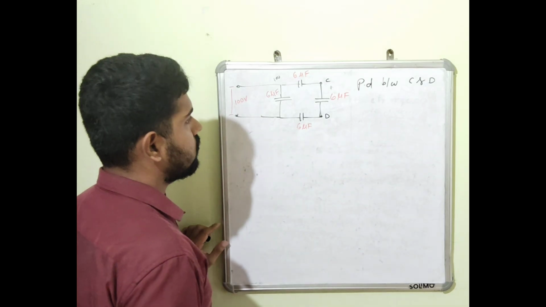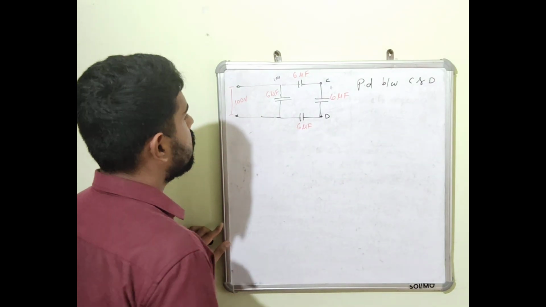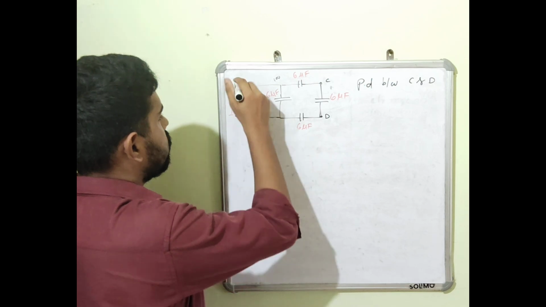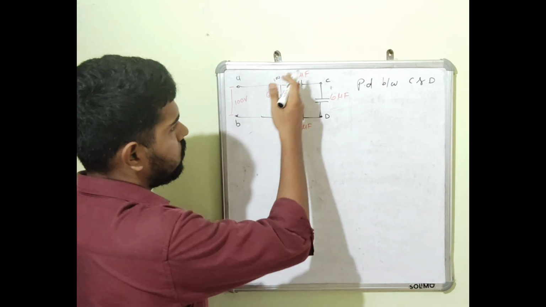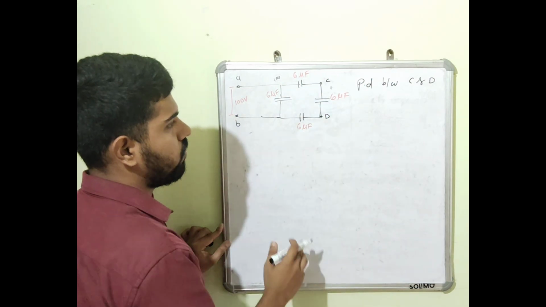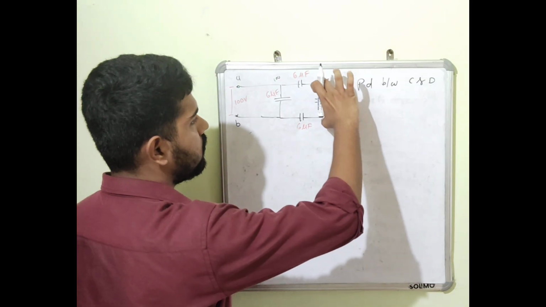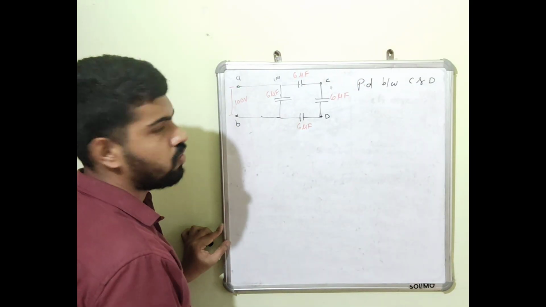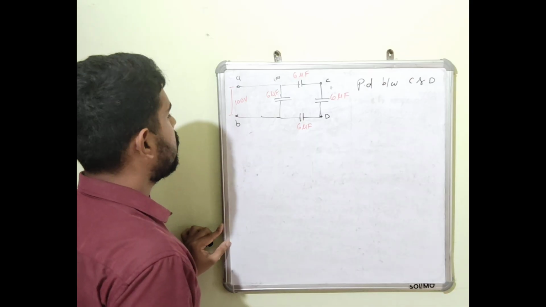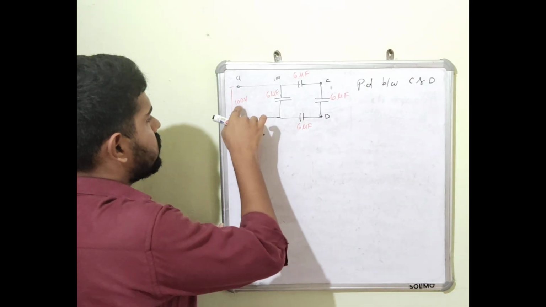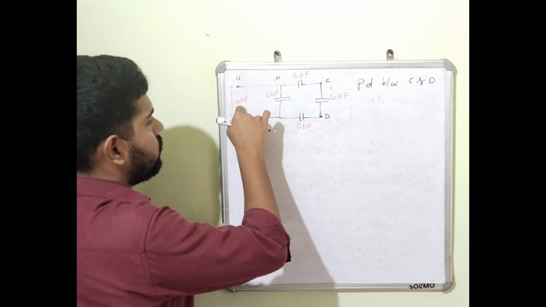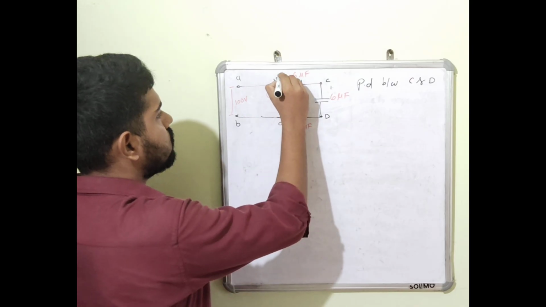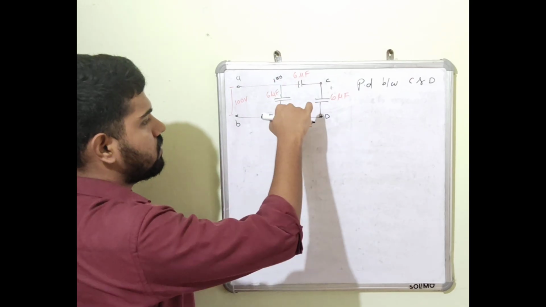So this is our another question on capacitance. Here it is given that 100 volt is across A and B. So 4 capacitors are there, 6 microfarad. We have to find the potential difference between C and D, between these 2 points. Before solving, we have to remember that when the potential difference between A and B is 100 volt, this is also 100 volt between these capacitors.